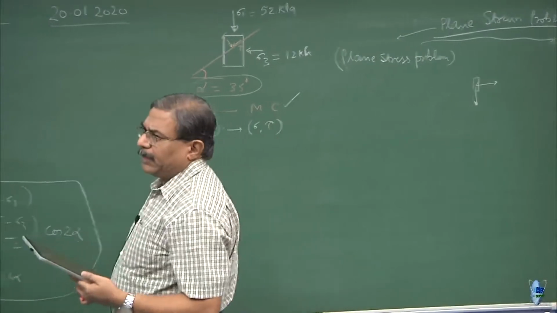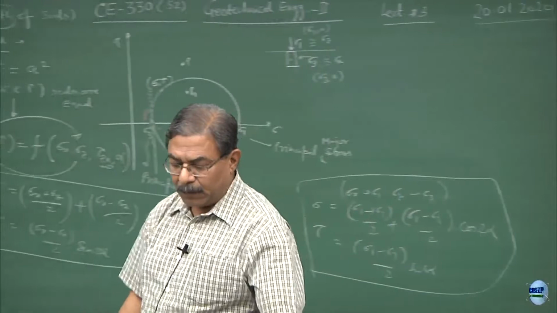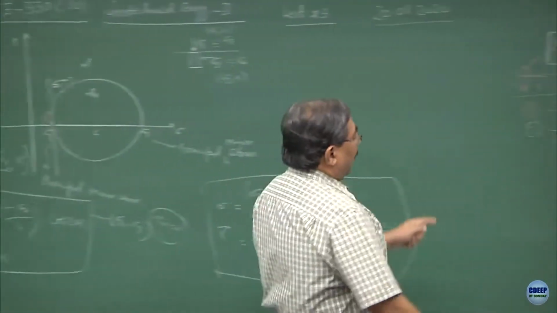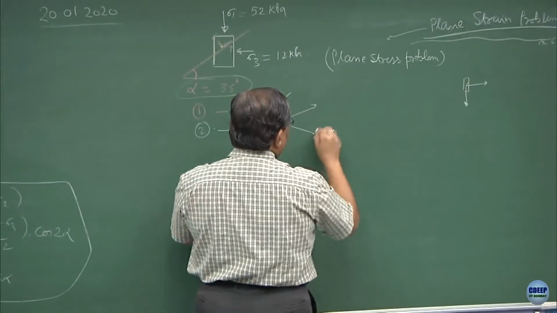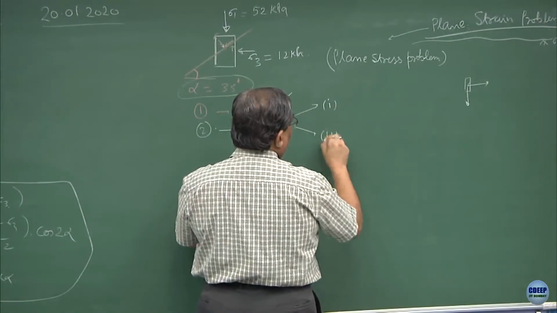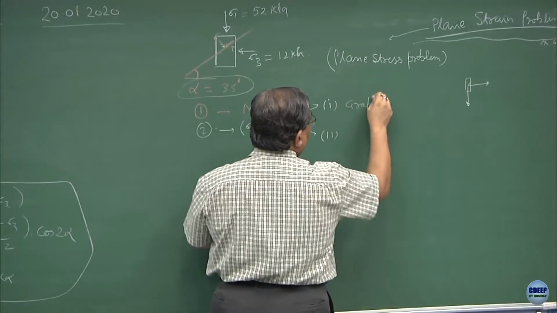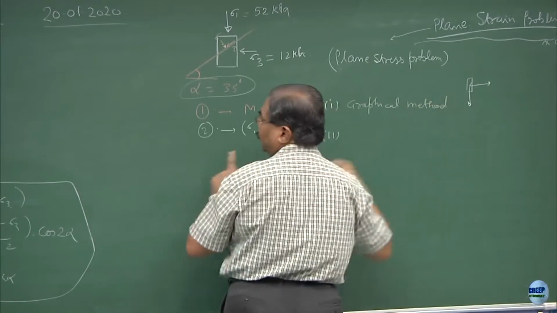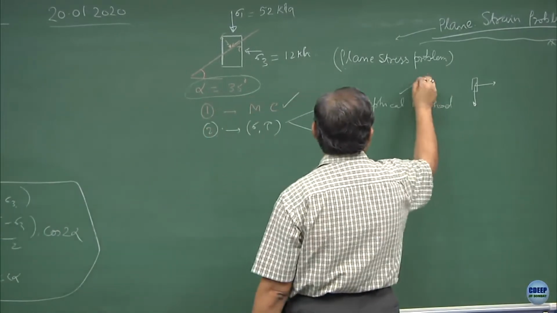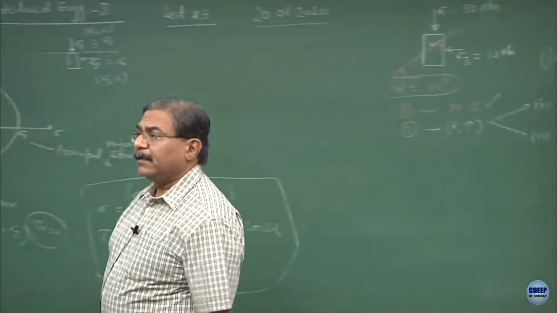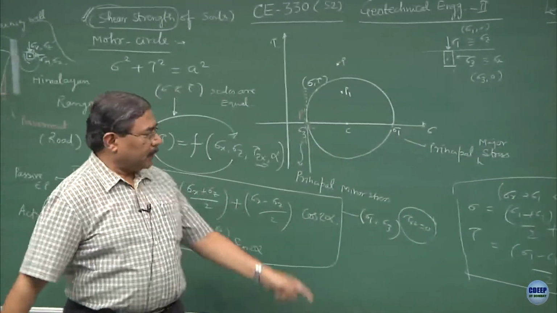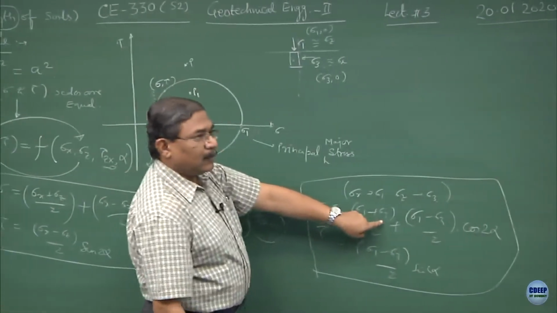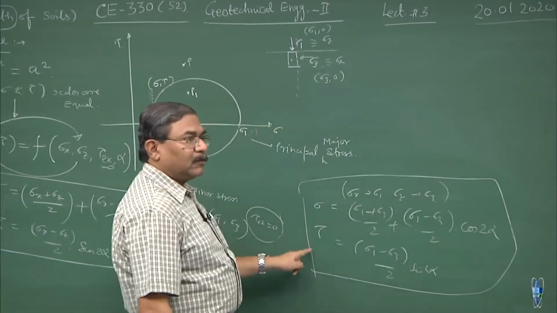There are 2 ways of doing this now. I want you to do all these things and hence I am skipping steps. I can obtain sigma and tau by 2 methods. One is the graphical, this is what we have been doing, taking the help of the Mohr circle. Second is analytical. So this is the analytical solution. Sigma 1 is known, sigma 3 is known, alpha is known, sigma and tau are to be found, clear?